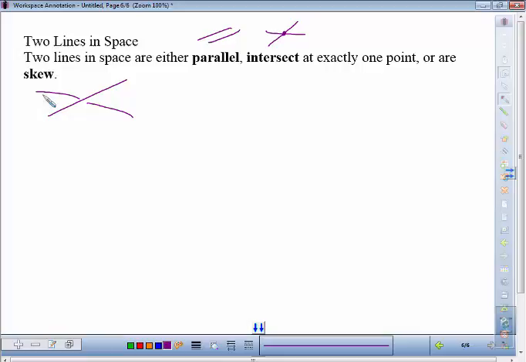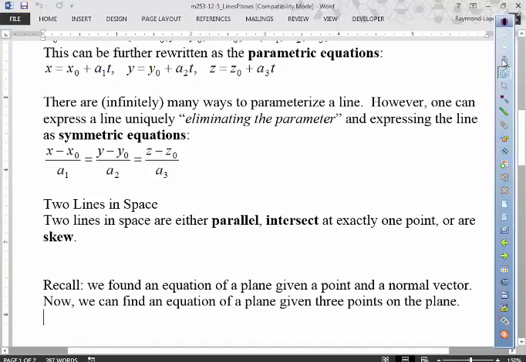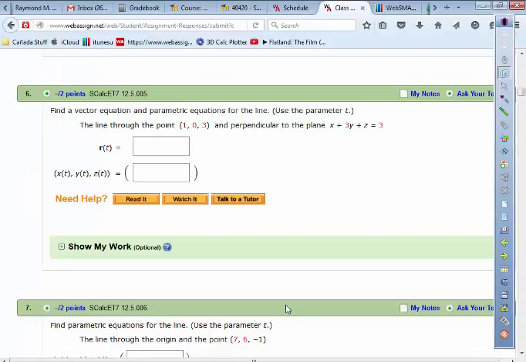So what we're interested in doing is, if you have equations of 2 lines, we want to know, do they intersect, are they parallel, or are they skew? So let's just jump into a problem with that.